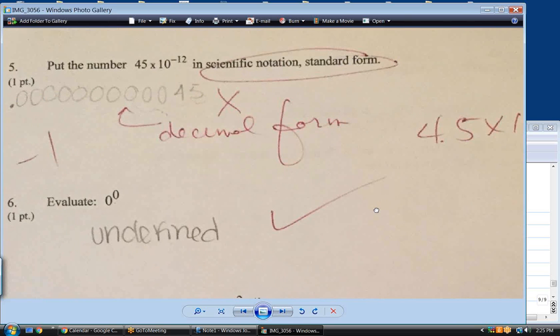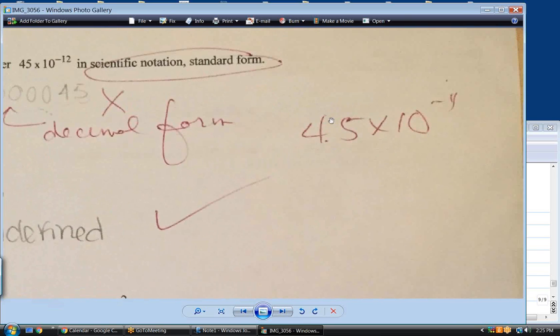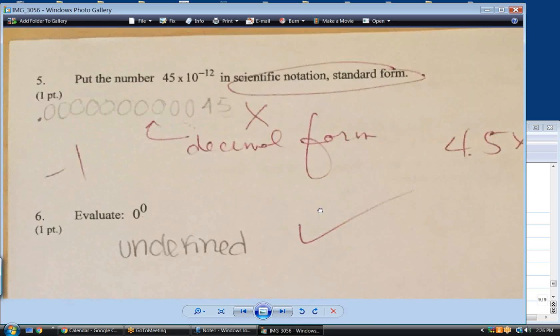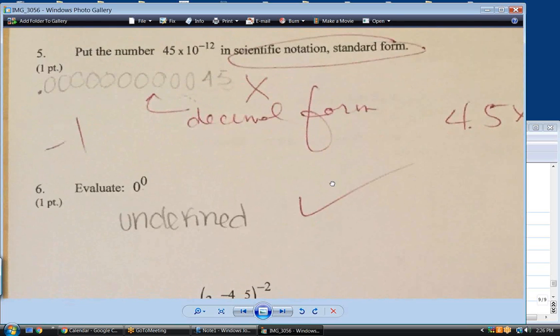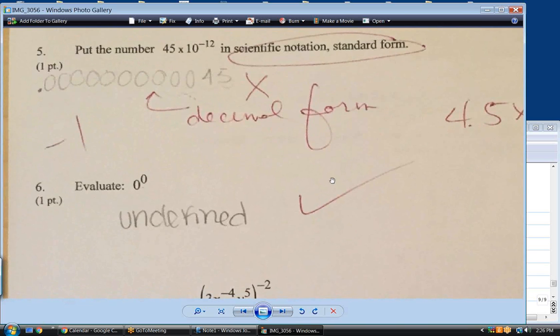It means you put it in this kind of a form, and this number has to be between 1 and 10. Okay. That's what scientific notation standard form has to mean. Okay. That makes sense, I guess. Yeah, otherwise, she's calling that not standard form for sure.